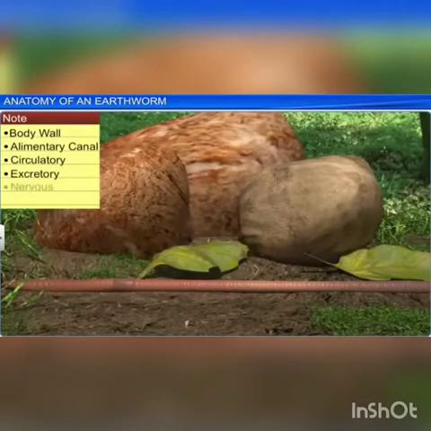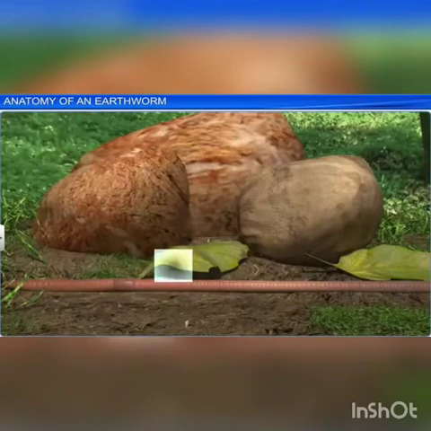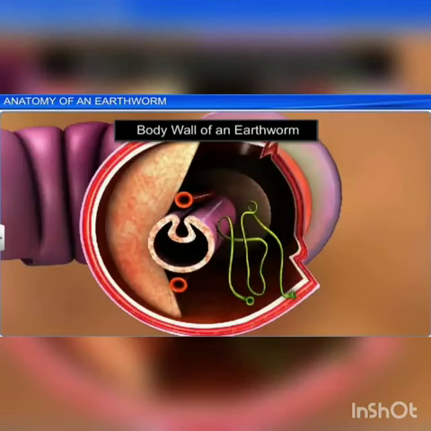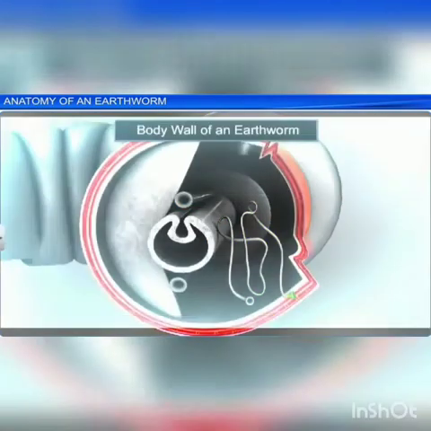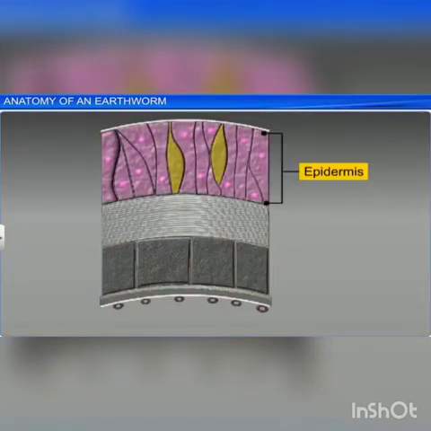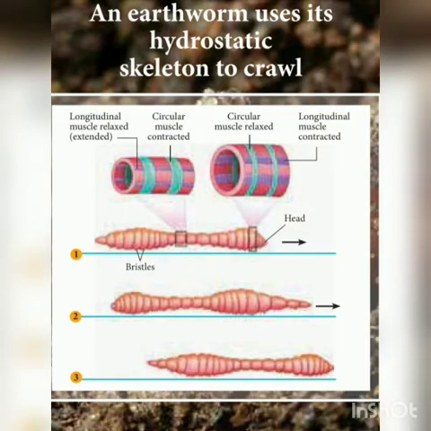If you see the anatomy of the earthworm, the body wall is very moist and thin. The epidermis consists of supporting cells and gland cells. A spacious body cavity called the coelom is seen between the alimentary canal and the body wall. The coelom contains the coelomic fluid and serves as a hydrostatic skeleton.